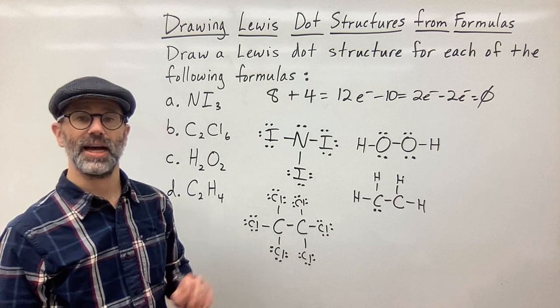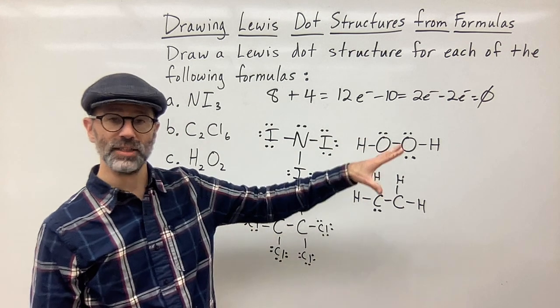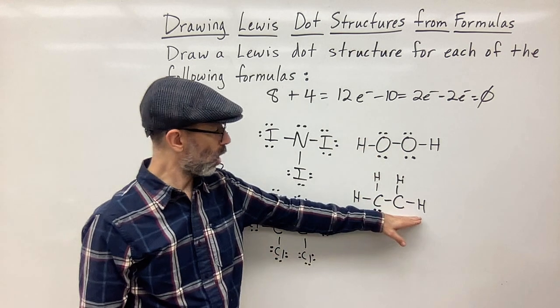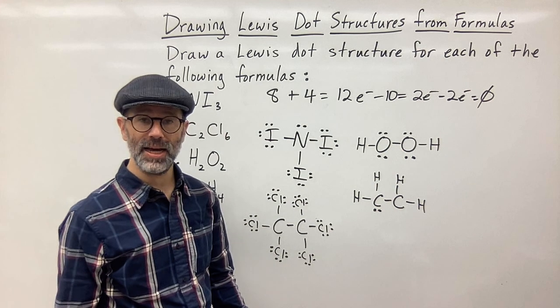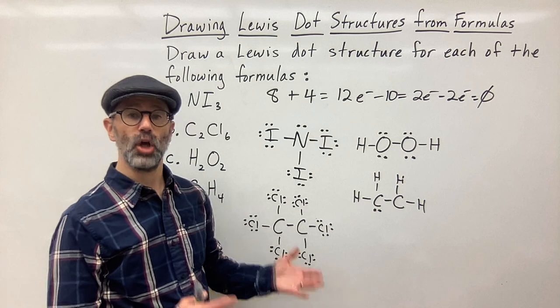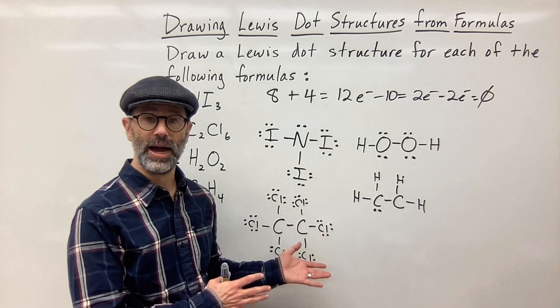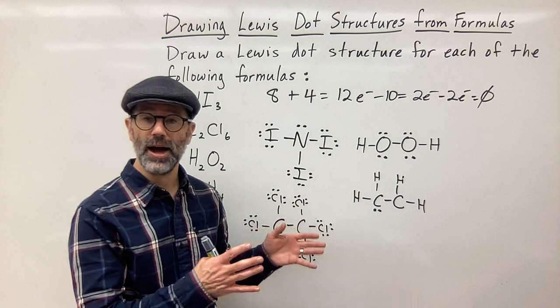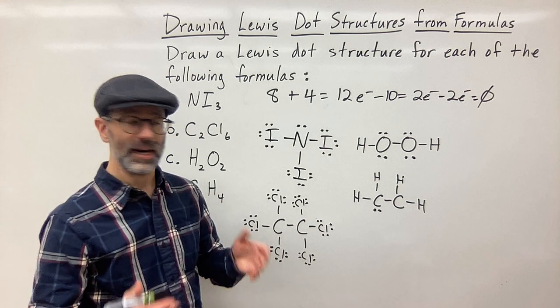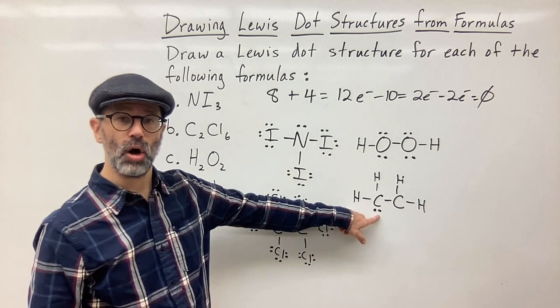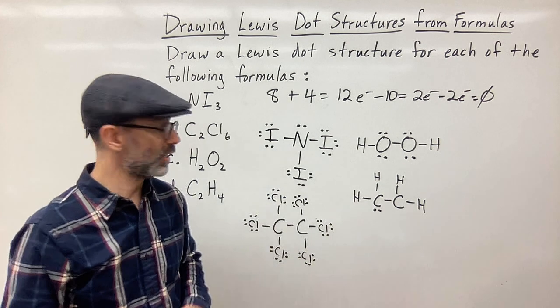Step 5 says that if you have no more electrons left over and one or more of your central atoms do not have an octet, then you need to move lone pairs from your outer atoms or from another atom to create a double bond so that you can get that octet. So we only have 1 lone pair, so that's the only one we can move.